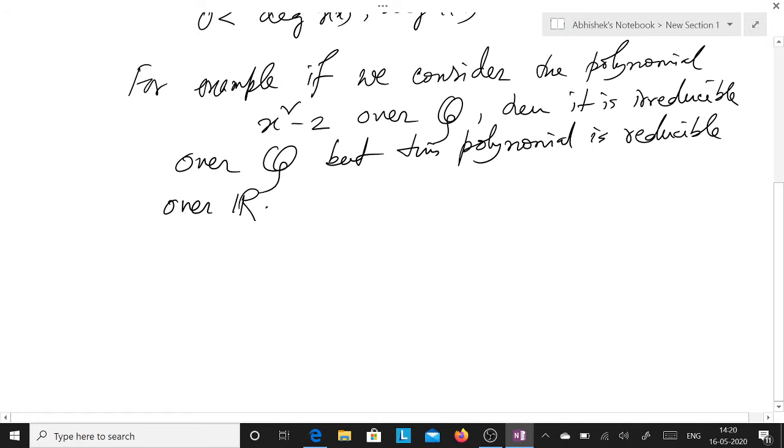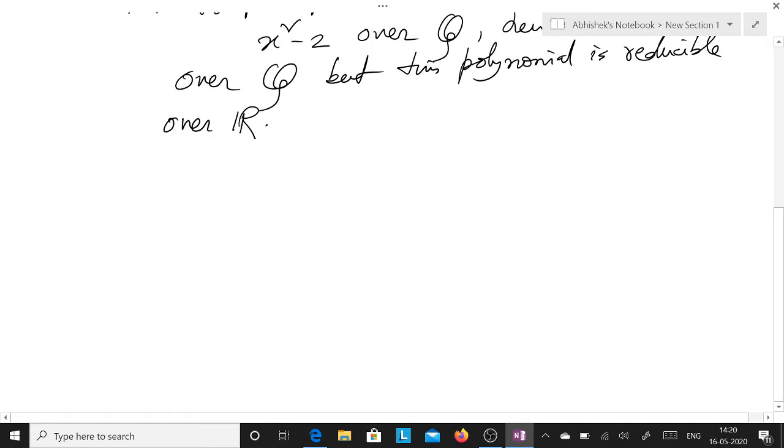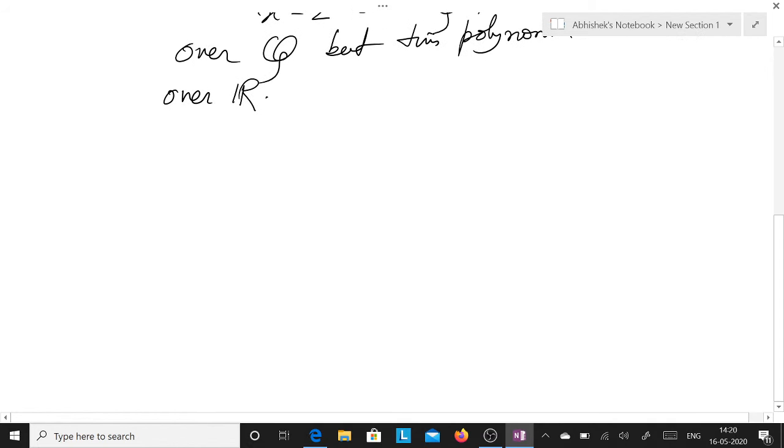And for this reason, a polynomial can be defined as irreducible over the field F if it doesn't have any root in the field F. Now the test of irreducibility by finding these roots will work good for quadratic and cubic polynomials.